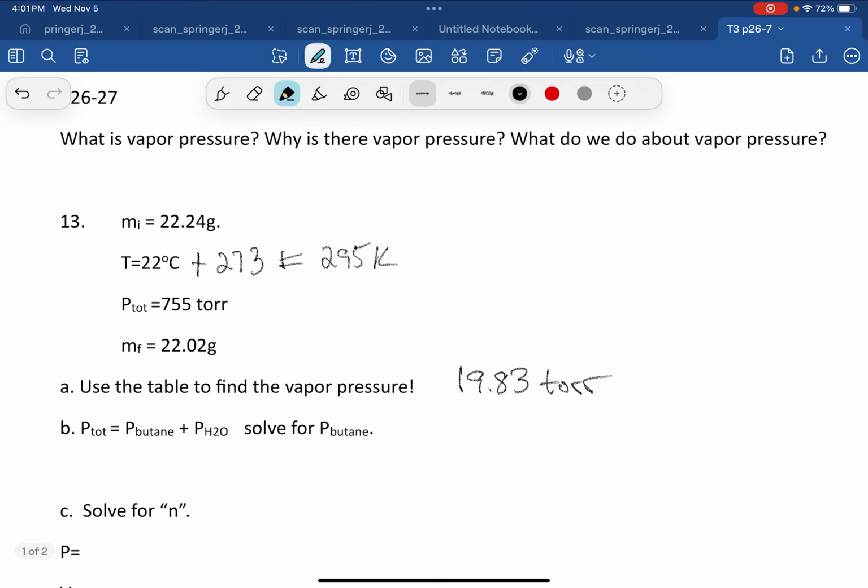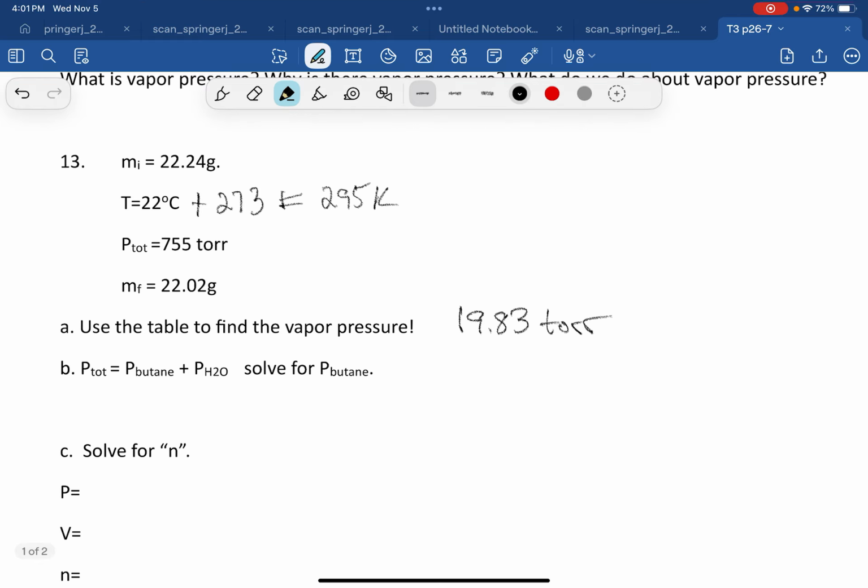And then on part B, we're going to find the partial pressure of the dry butane gas. Dry means without the water, so we're going to subtract off the vapor pressure to get that. So the total pressure is 755 torr. That's going to equal the pressure of the butane plus the pressure of the water, which is 19.83 torr.